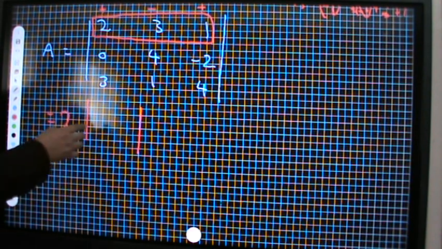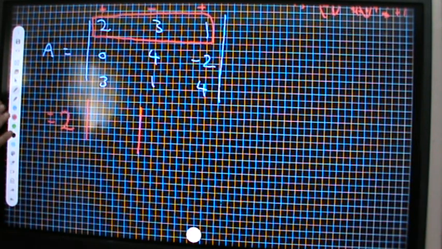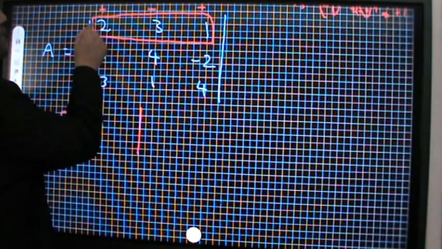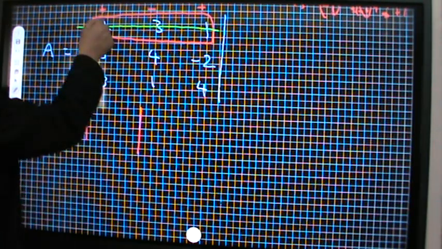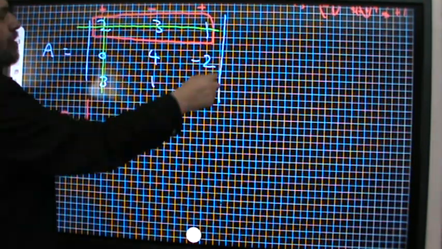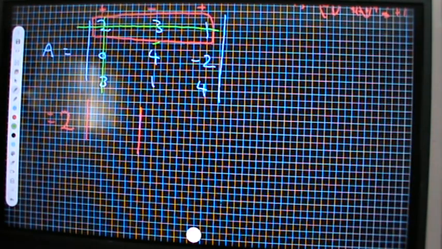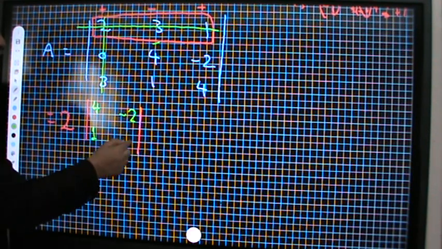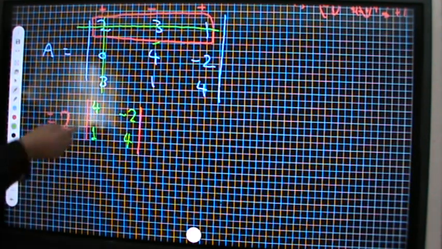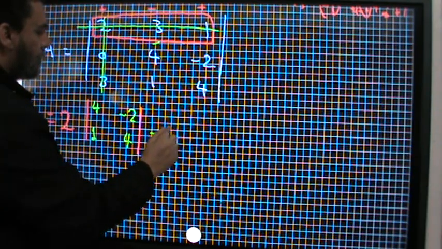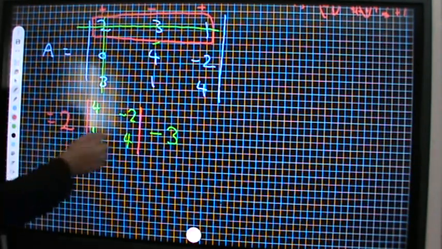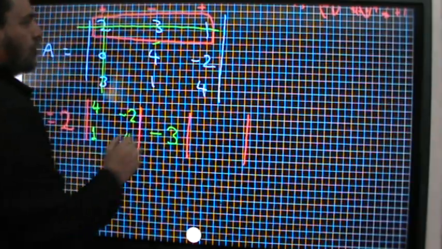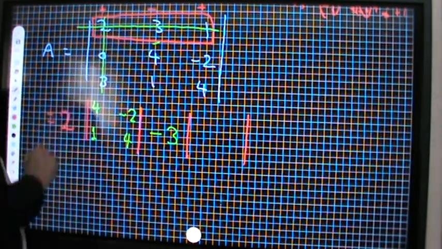This is positive. And you can write 2 only, multiplying by what? The minor determinant corresponding to it, by removing its row and its column, and write the left elements, which are 4, -2, 1, 4. By the same way, this is -3, and write the minor determinant corresponding to 3.